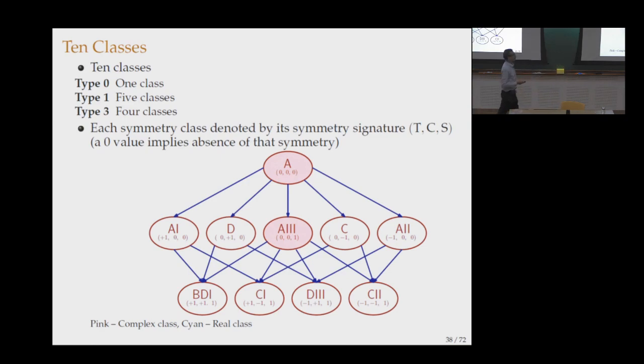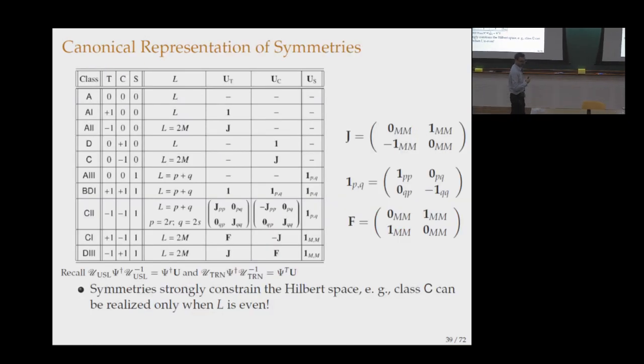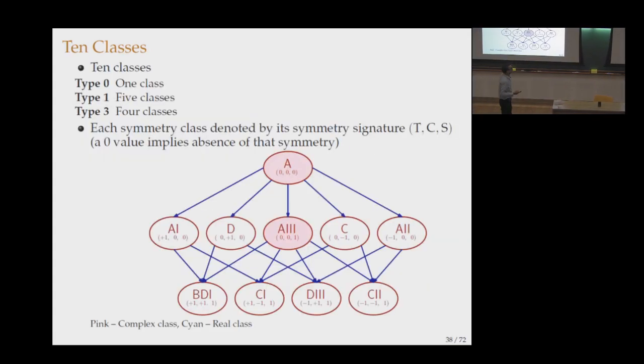Okay, now let me bring some ideas, and this is also related to our question about phases and so on, right? So you see that I showed you the periodicity of 8. You can actually get the periodicity of 8 by following these arrows.